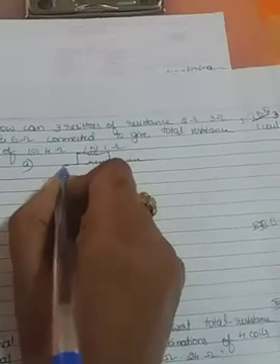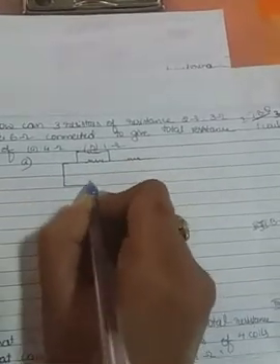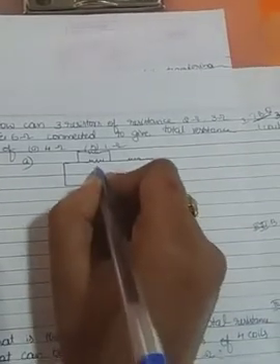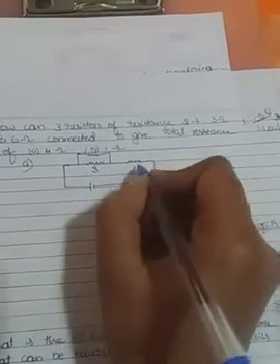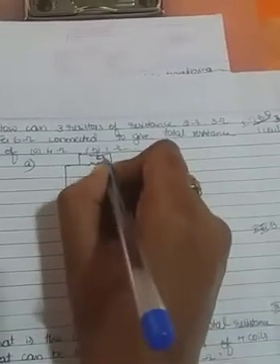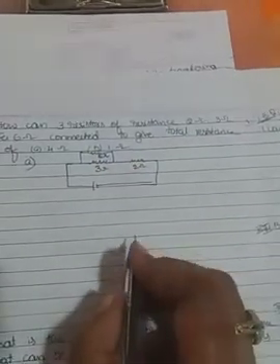So this is the complete circuit: 3 ohms, 2 ohms, and this is 6 ohms.